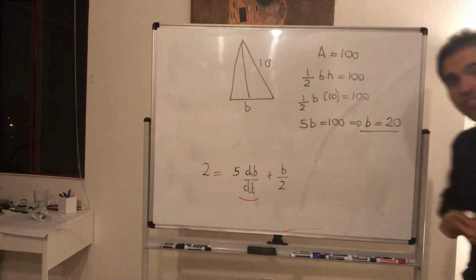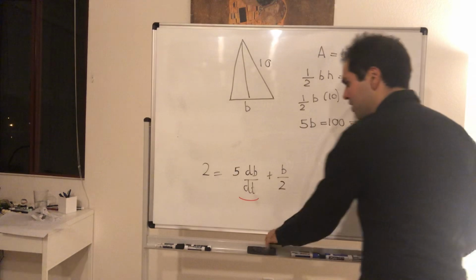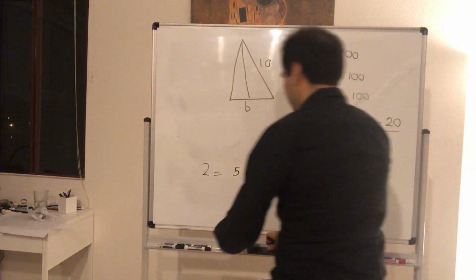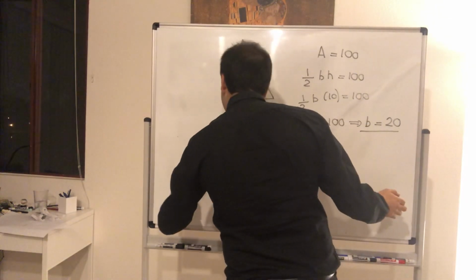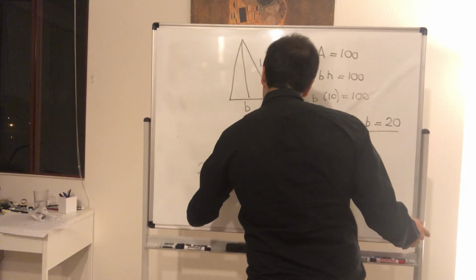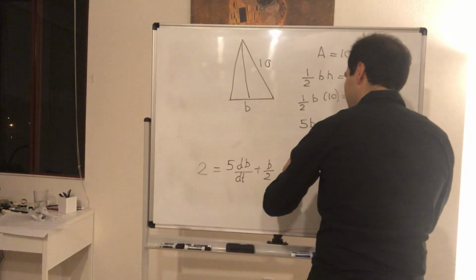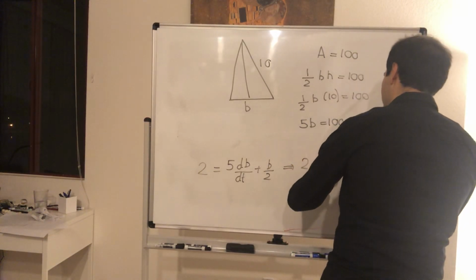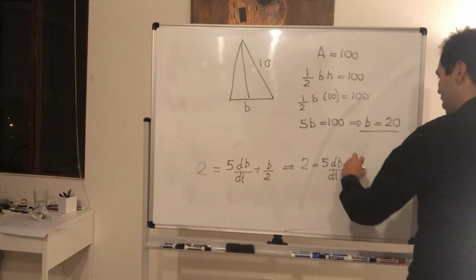Ta-da! We found b, and last but not least, we can just plug into this formula. Let me just rewrite this. 2 equals 5 dB over dt plus b over 2. That implies 2 equals 5 dB over dt plus 20 over 2.